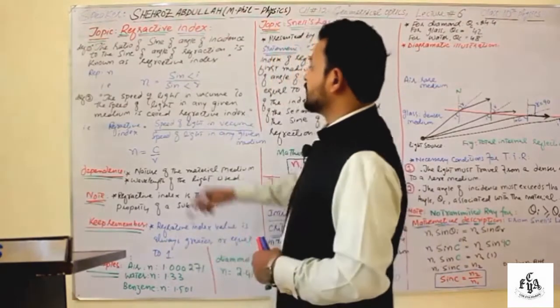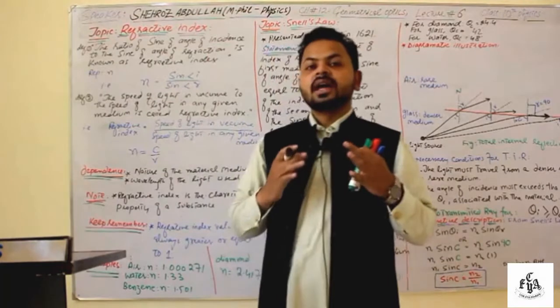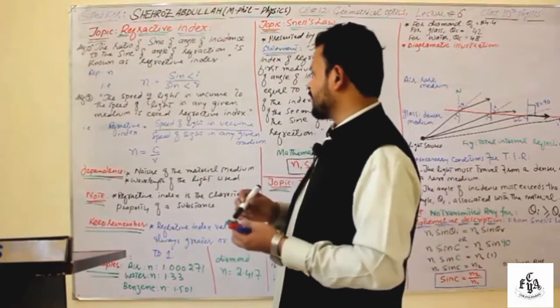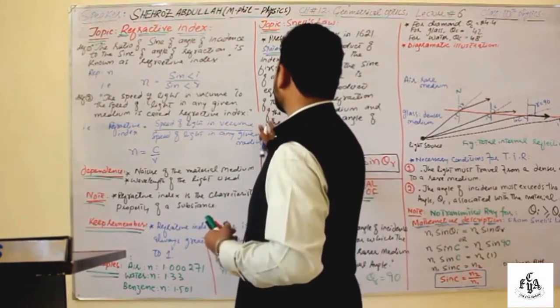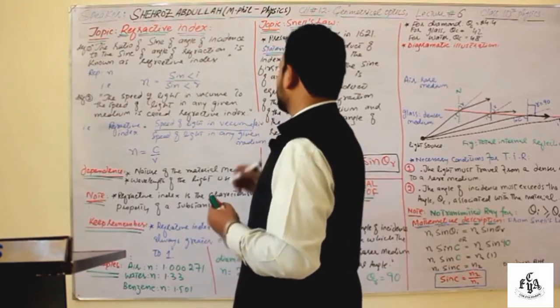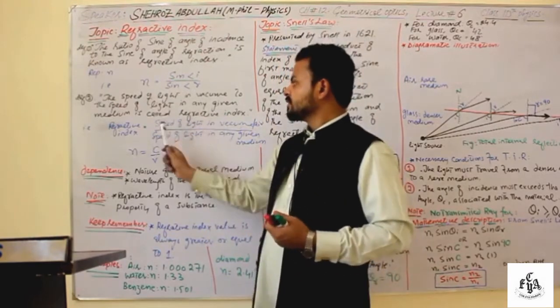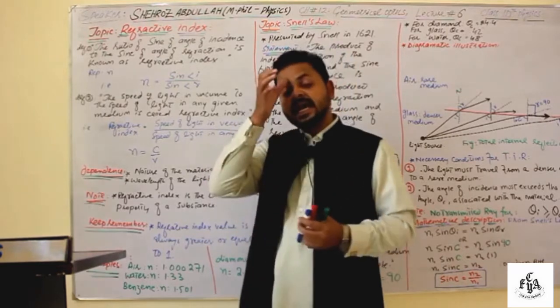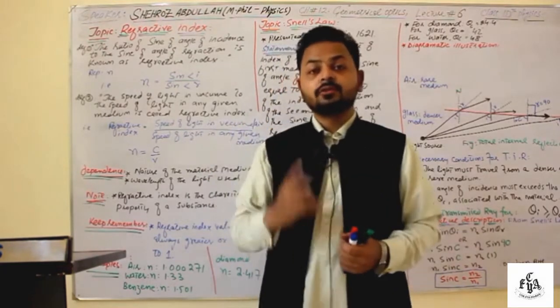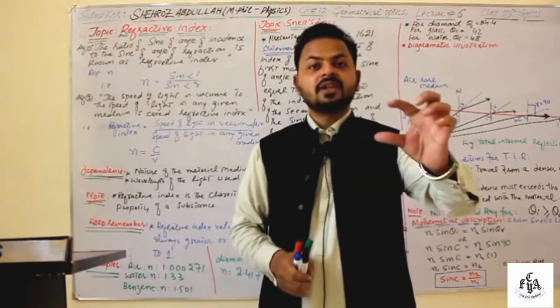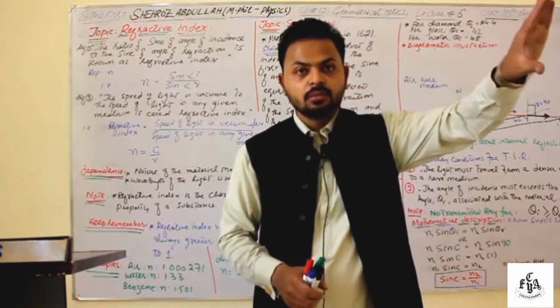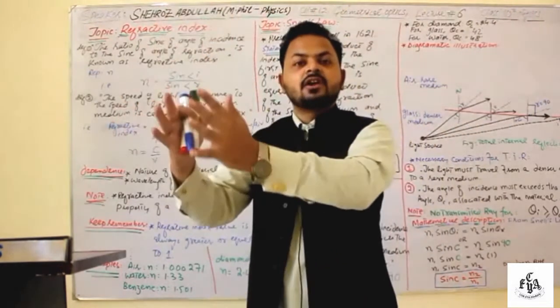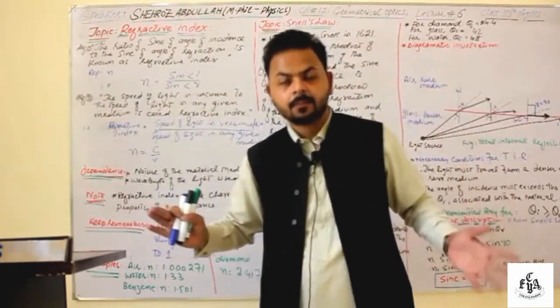Look, the speed of light in air or vacuum divided by the speed of light in any medium. The ratio of two things. What? The speed of light in air or vacuum divided by the speed of light in any given medium.